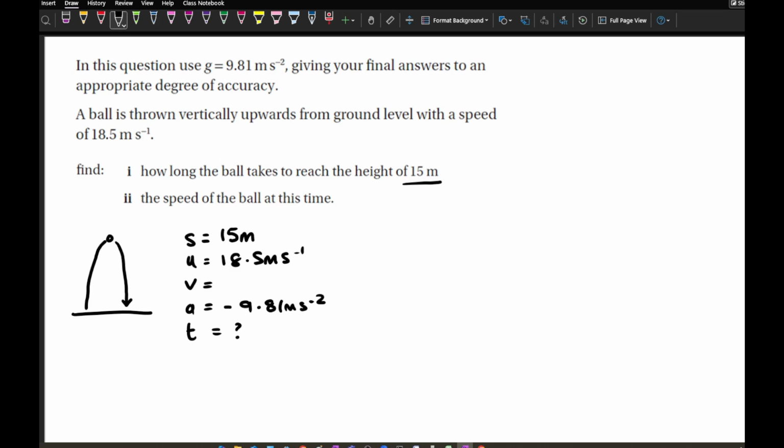So let's have a look. For part 1, I'm going to use S equals UT plus a half AT squared. From this I can then substitute numbers in.